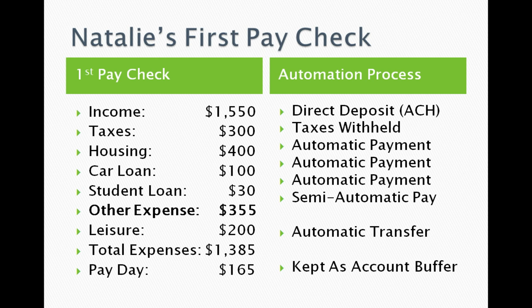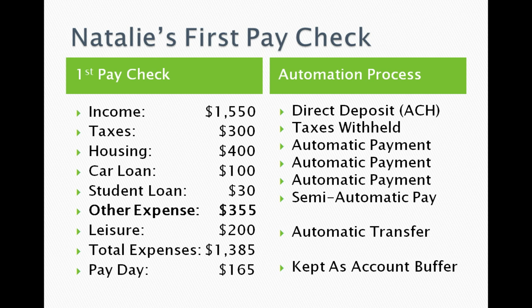We're going to have her car payment on automatic bill payment, as well as half of her student loan. Now, for all other necessary expenses, I have semi-auto pay because some of her necessary expenses can be put on automatic payment. But for something like gas and groceries, you can't necessarily do that. So that's the reason why it's semi.